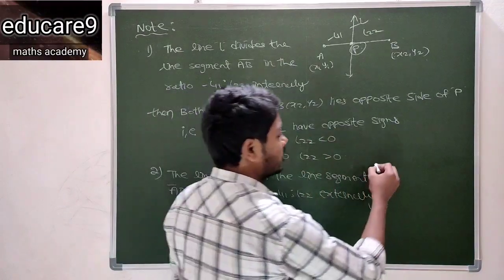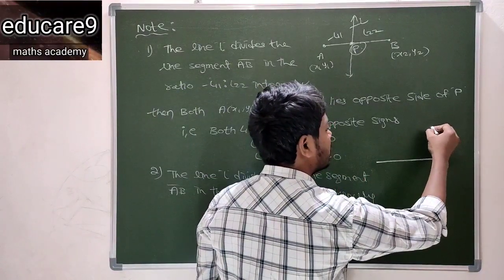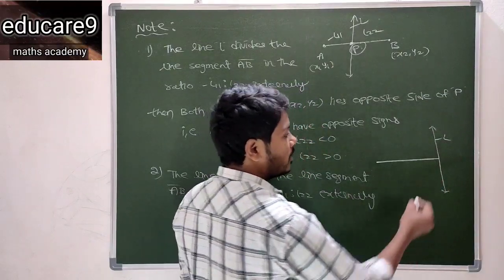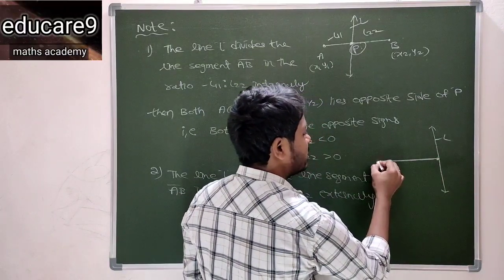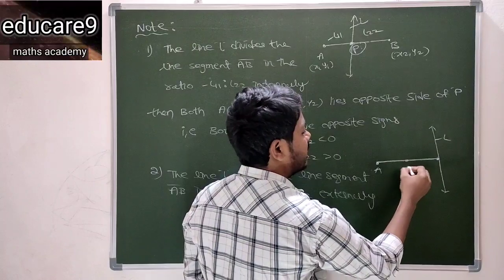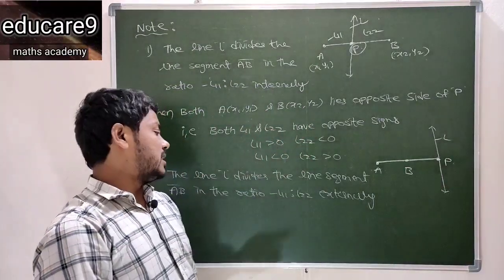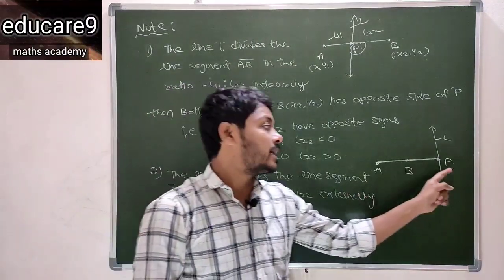So see here, this is the line L dividing the line segment AB in the ratio -L11 is to L22 externally.